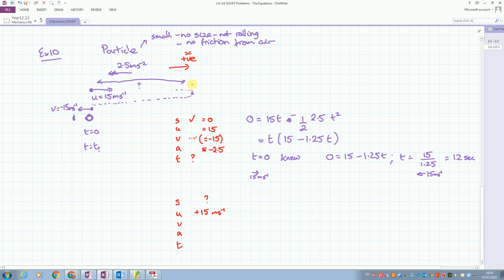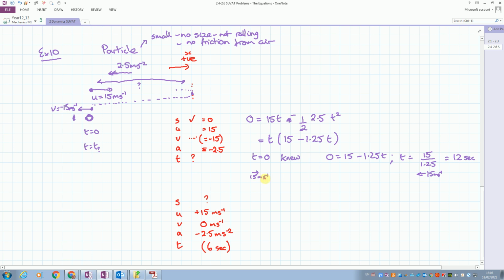V, when we get to this point, maximum distance, it's no longer moving either direction, so V is 0 meters per second. My acceleration is still negative 2.5 meters per second squared. T, we know nothing about T, although we could probably assume it's going to be 6, halfway through the journey, but we're not assuming that.